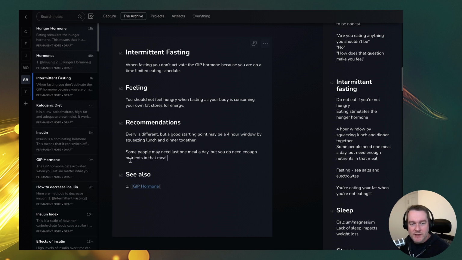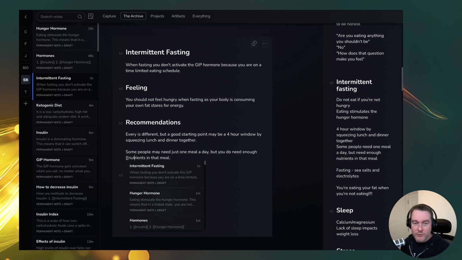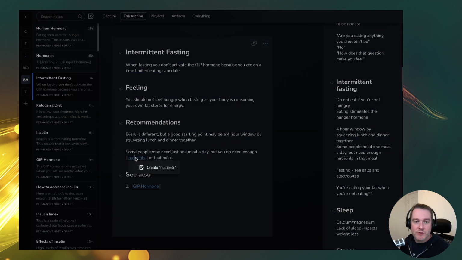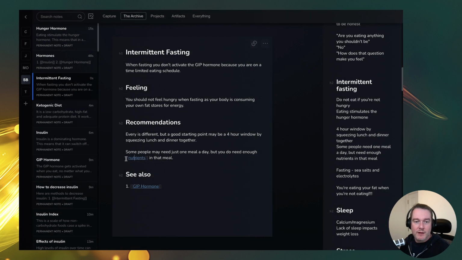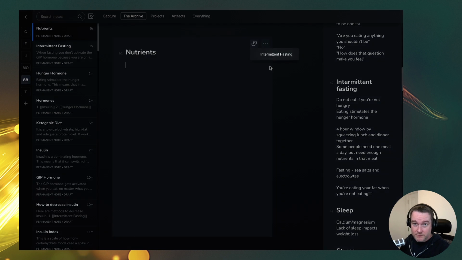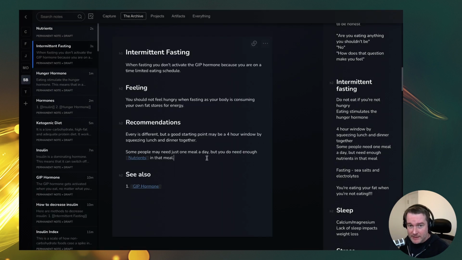So nutrients is a concept now where, let's bring that out in its own thing. I don't know enough about the details of nutrients. Let's put a capital N on that because I want to bring it into a proper top level. That can stay in draft state.